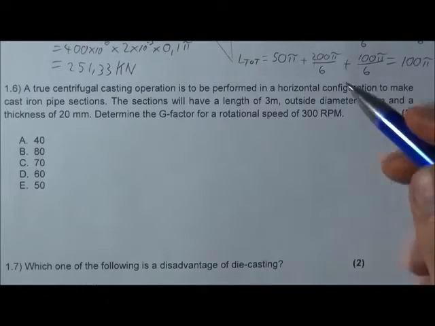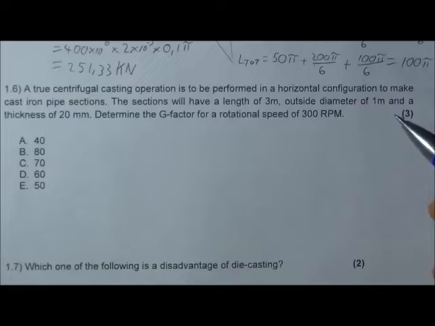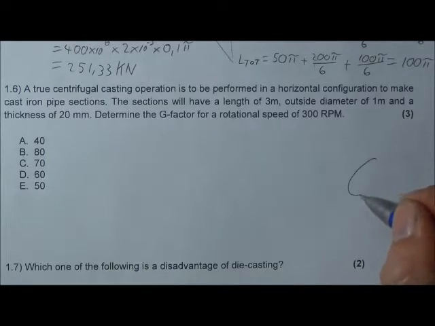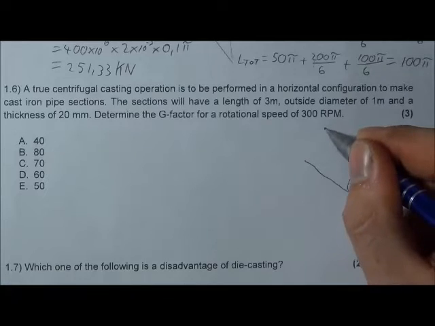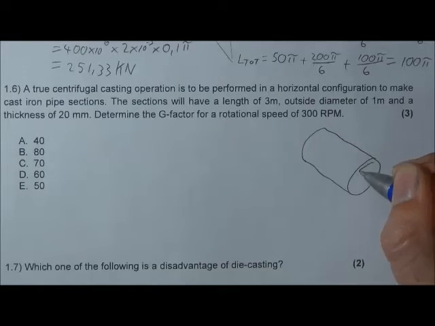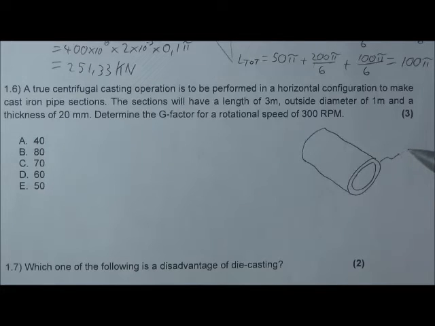Now remember, the outside diameter of the pipe was given as 1 meter. Now, the outside of the pipe is equal to the inside of the mold.